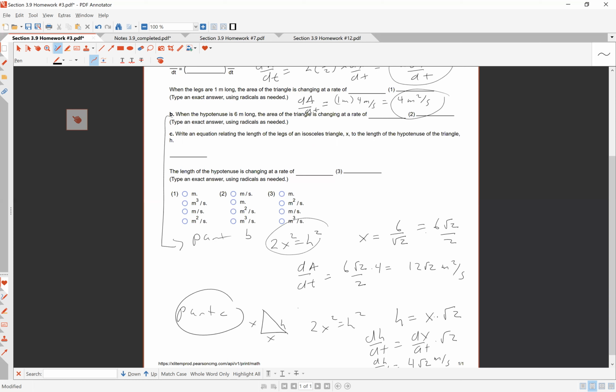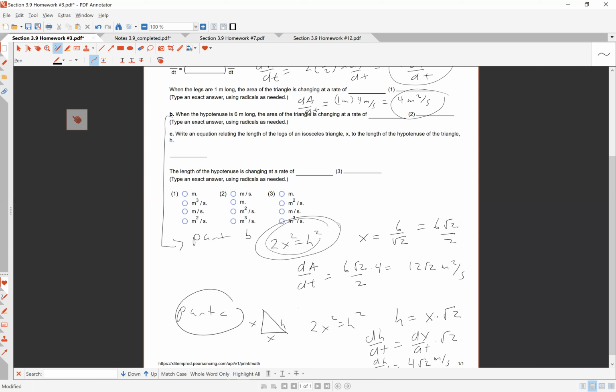When h is 6, we just solve for x: x is equal to h over the square root of 2, or x is equal to 6 square root of 2 over 2.